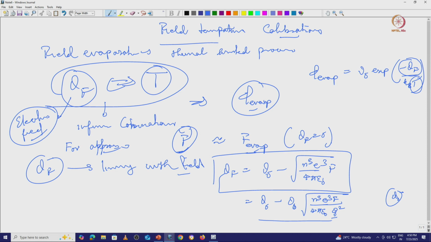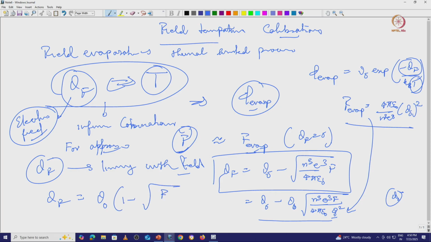Now, based on the expression of FEVAP, which is equal to 4 pi epsilon naught by n cube e cube Q square, if we put this expression here, what we get is QF equals Q naught times 1 minus F divided by FEVAP.